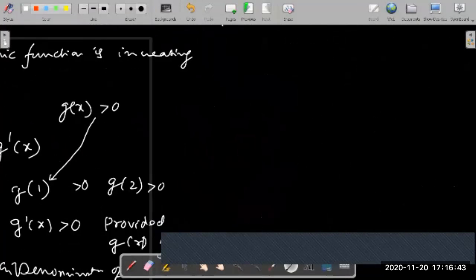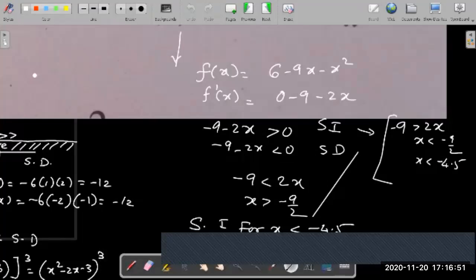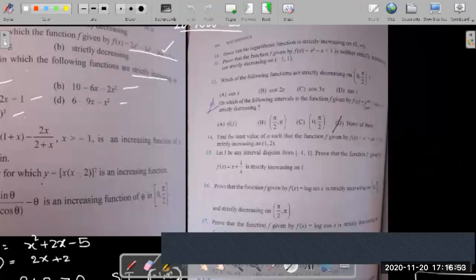So let's draw the line for this, and we'll go to the previous page. Prove that this function is neither strictly increasing nor strictly decreasing. That is the 11th part of it.